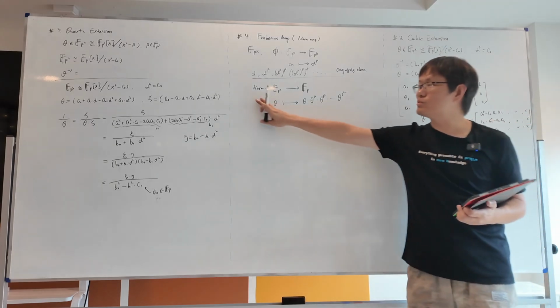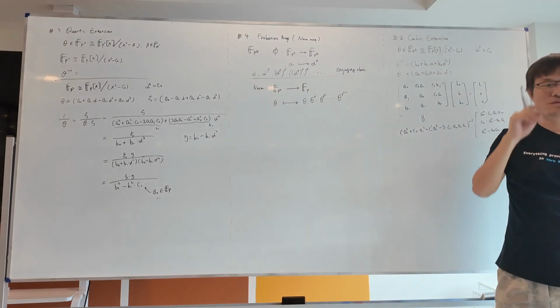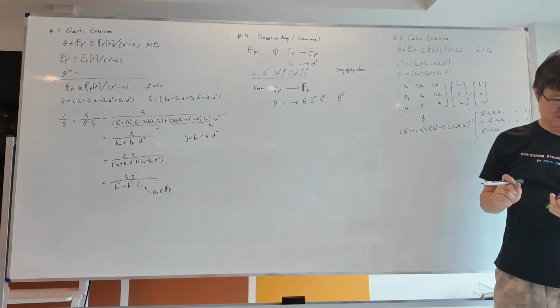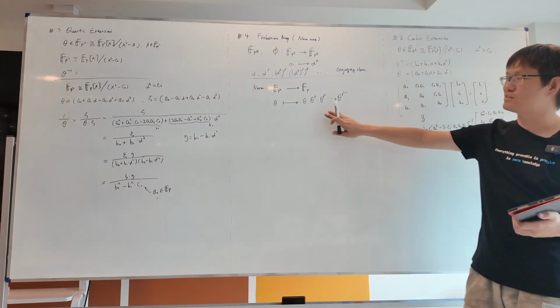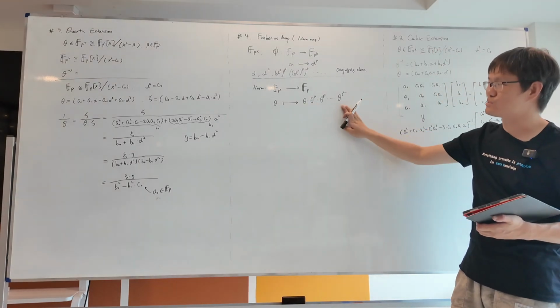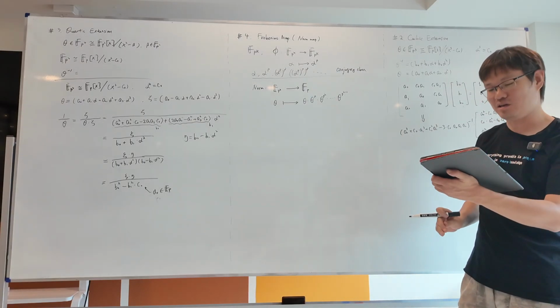And also, the norm map is a kind of homomorphic map. Now let me quickly prove why this expression is actually an element from the base field.